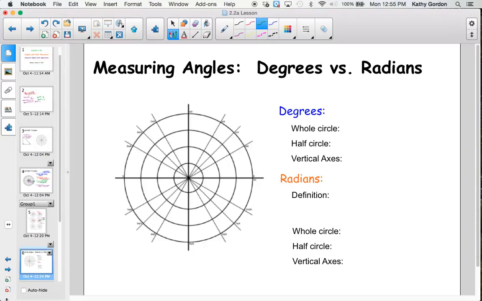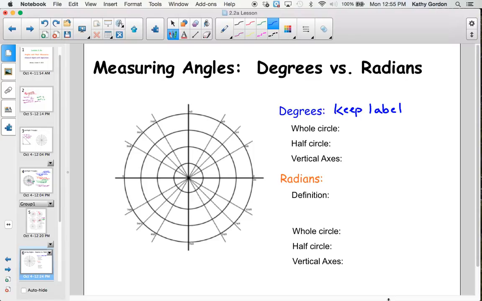And part of the reason is because if I'm talking about a measure in degrees, I have to keep the degree label on that measurement. And so as I'm working with that measurement in the context of a problem, it sometimes gets in the way.